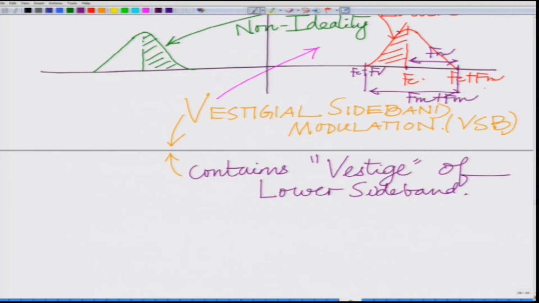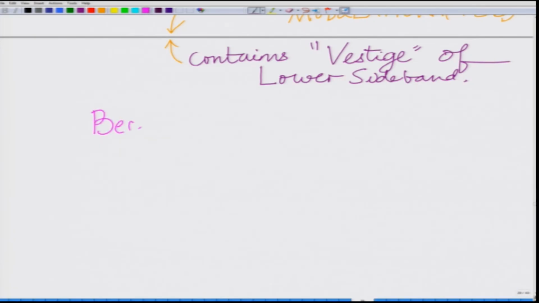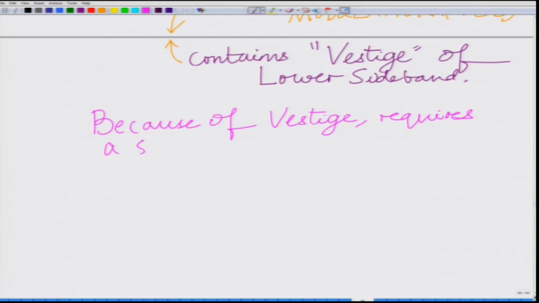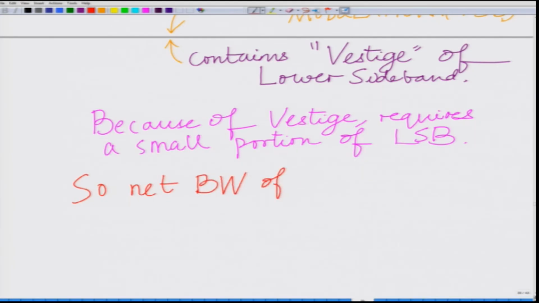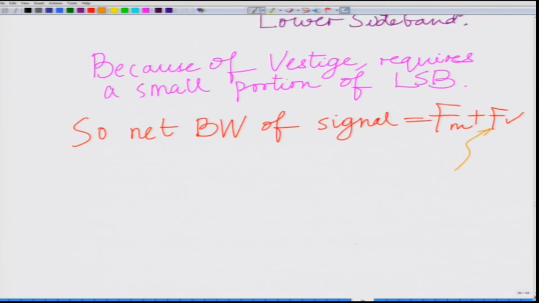So, because of the vestige, that is a small portion of the LSB, you require a slightly larger bandwidth. So, the net bandwidth of the signal equals Fm plus Fv, where Fv, remember, is the bandwidth of the vestige.